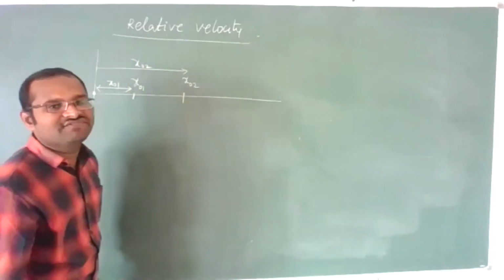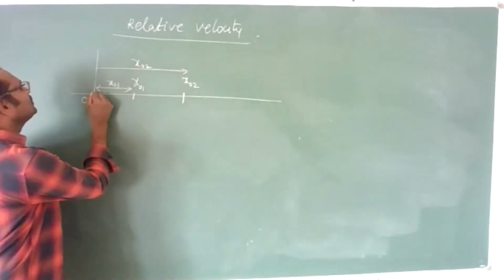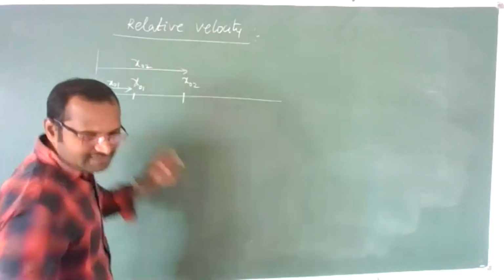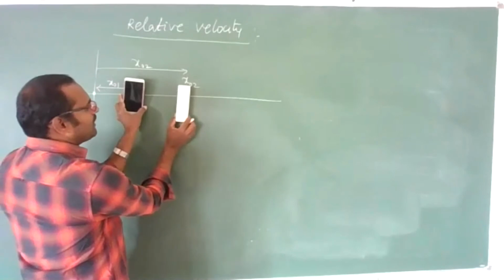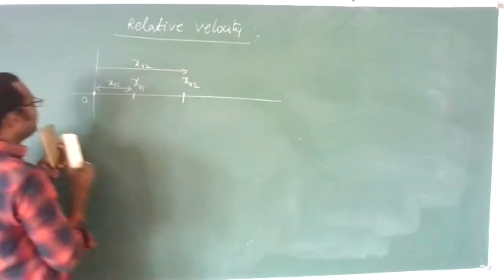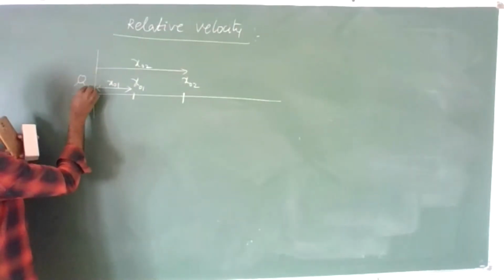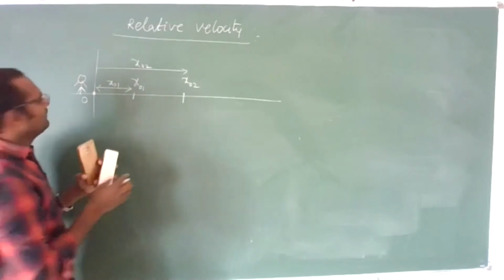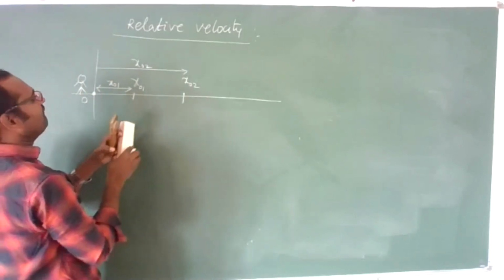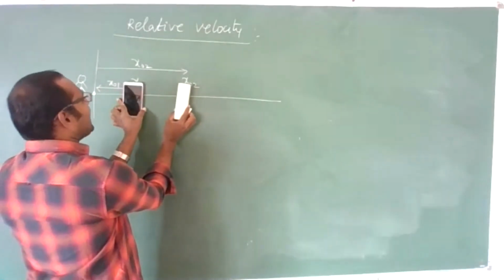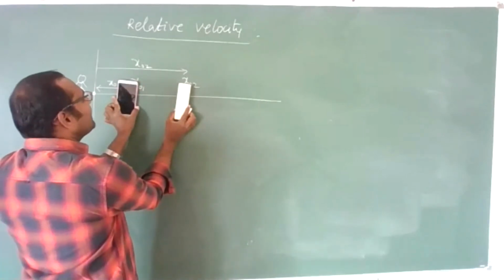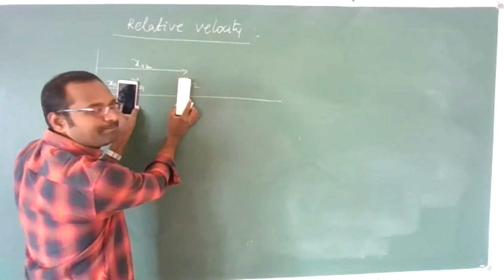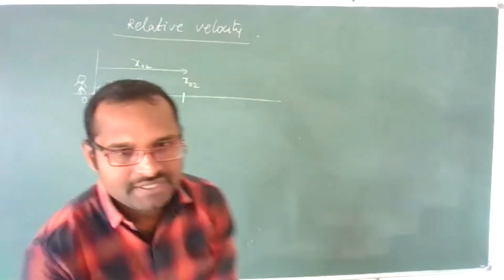What is the meaning of this? From the origin there are two vehicles. One is a phone, another one is a car. If I am standing here on the origin, for me these two cars are at distances of x01 and x02. Clear?